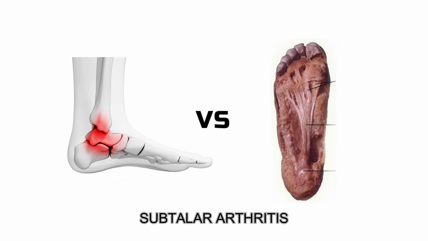The next one we're gonna look at is what we call subtalar arthritis. The area where you will feel the pain if you have this type of arthritis, subtalar arthritis, is also on the heel part, in between your ankle and heel. It's also a massive pain.